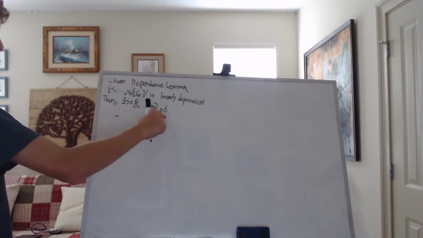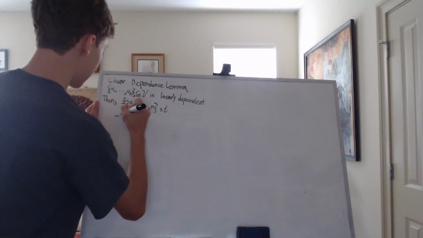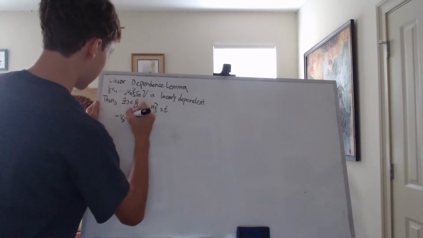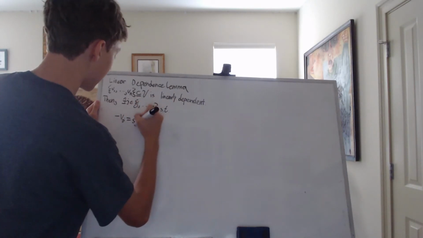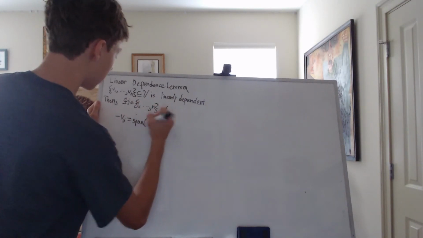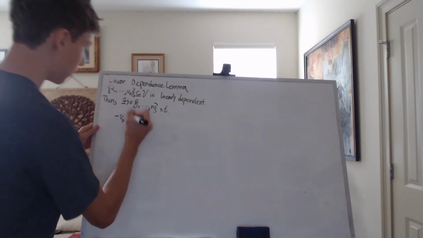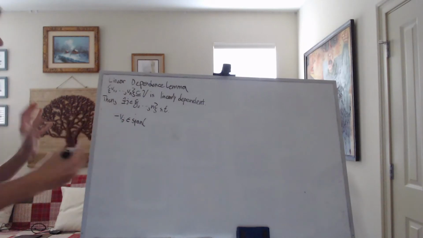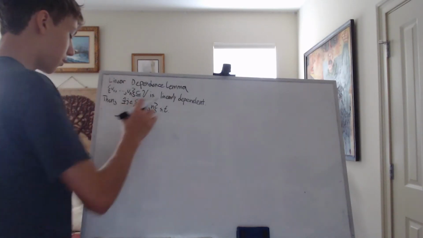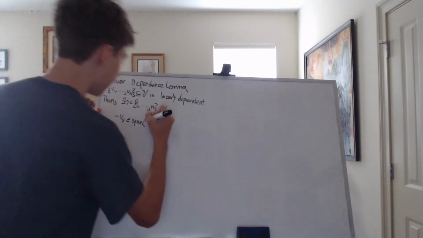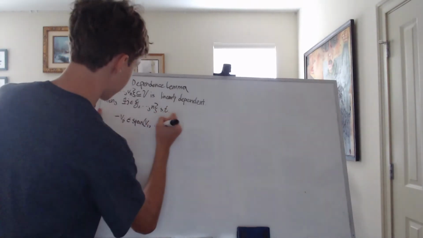For one, this vj can be written as a linear combination of the others, but in other words, it is a member of the span of the previous vectors.